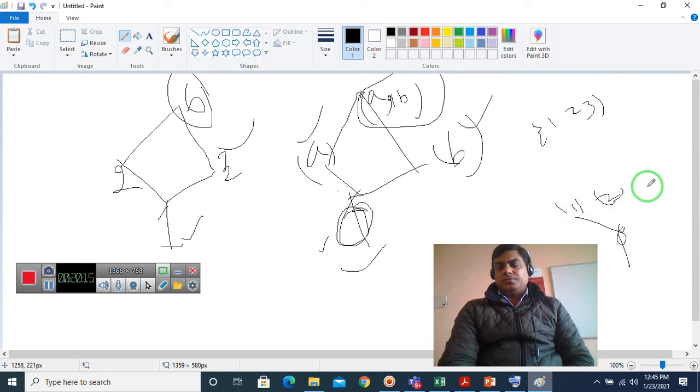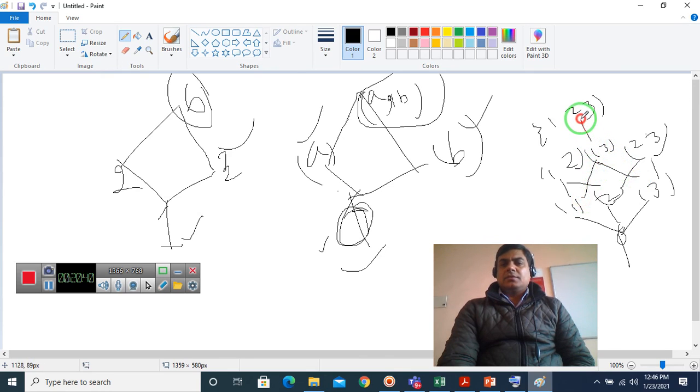We have already made this diagram, the partially ordered set: 2 and 3, 1 and 3, and this is simply 1, 2, 3.